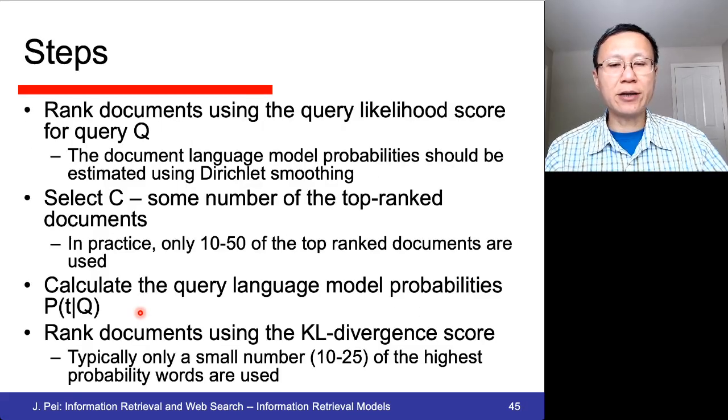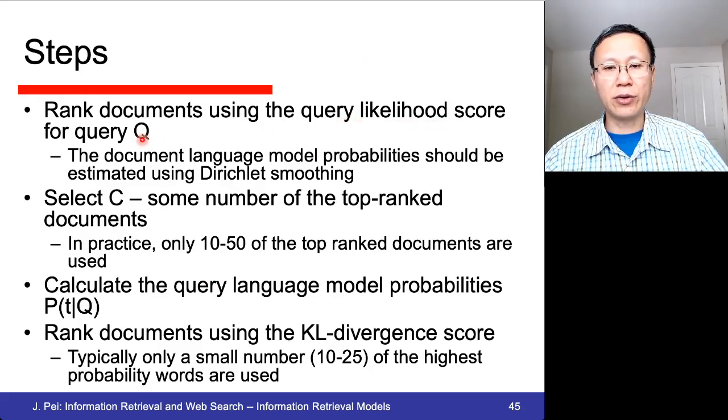So the detailed steps are as follows. We first rank documents using the query likelihood score for the query Q, and then we select some number of the top ranked documents, typically between 10 to 50, and we calculate the query language model probabilities.